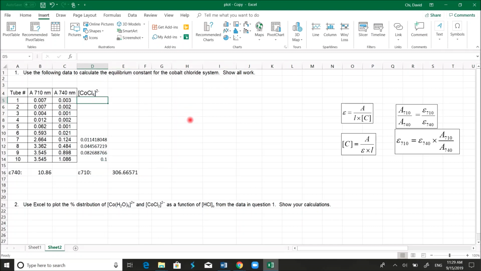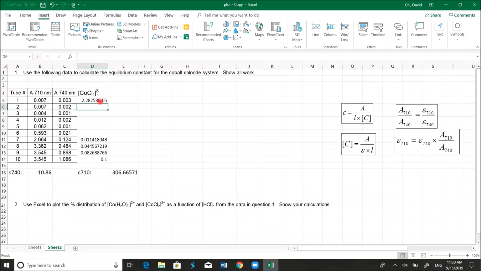Using this equation, this should equal the absorbance at 710 divided by the extinction coefficient, we use this one, so 3036.67, divided by the 1 centimeter.